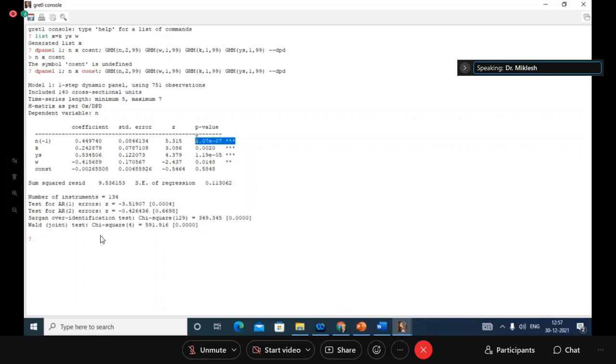That's why whether the rest of the IDVs are significant or not does not matter. But this n minus 1, the DV minus 1, has to be significant. I hope this is fine.